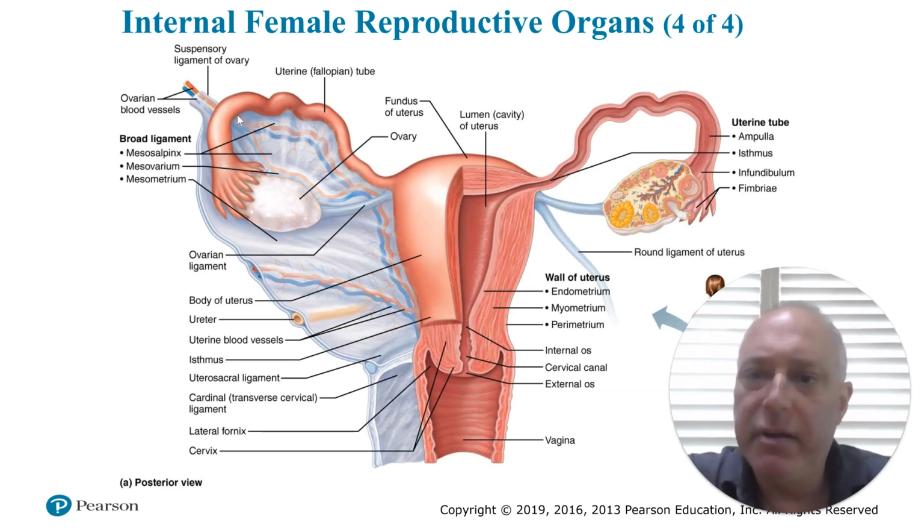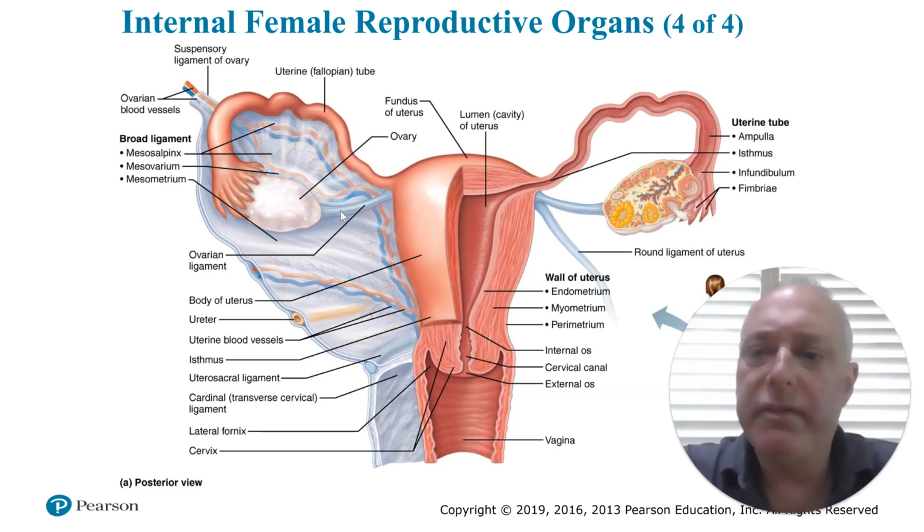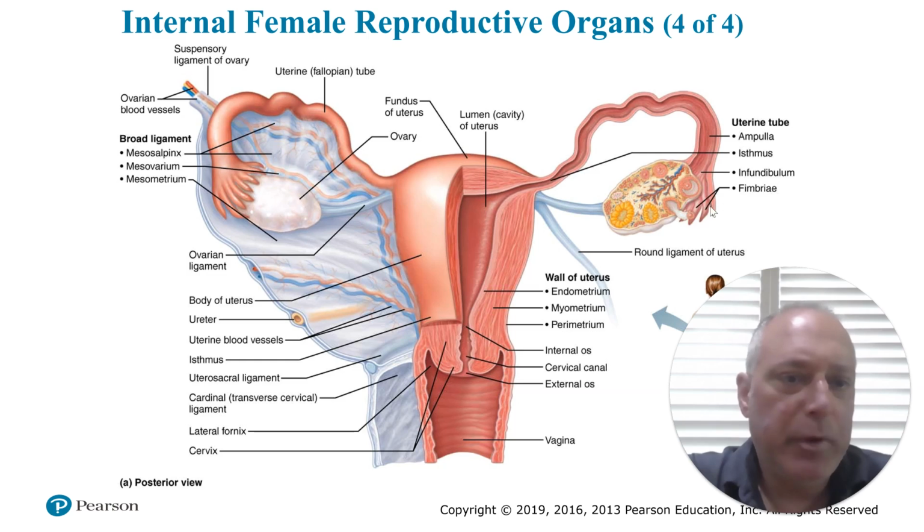So we can see the fallopian tube connecting to the uterus, and in this tube there is an ampulla where the egg is going to travel until it gets to the uterus wall.